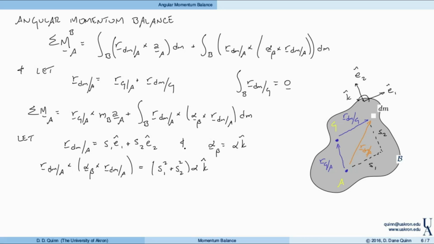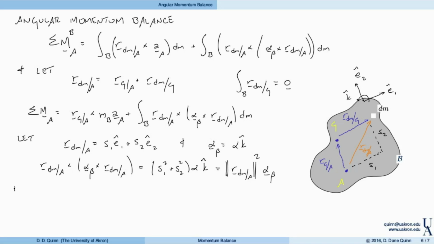Like I said, you just introduce it in here and work it out, and this is what we get. Notice that s1 squared plus s2 squared is actually the magnitude squared of this vector. So it's the magnitude of r dm with respect to A squared times the angular acceleration of the body.